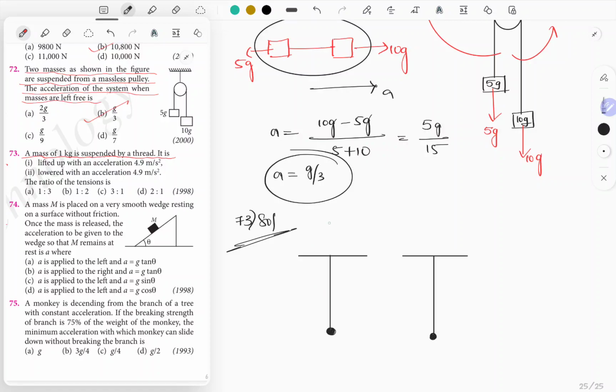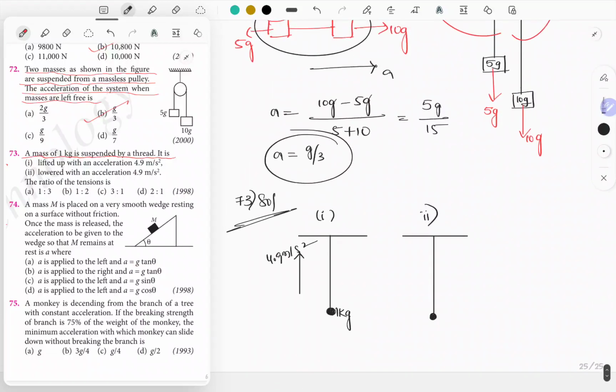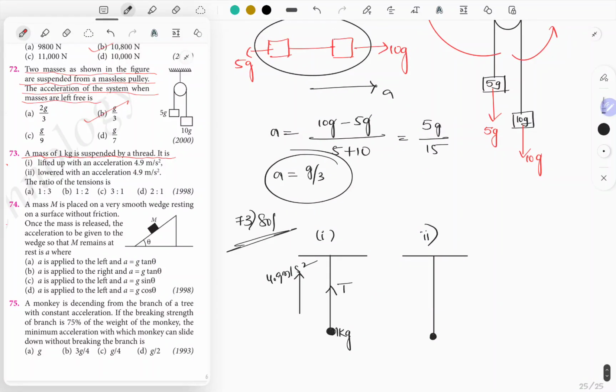Let me show you in the form of two different diagrams, case 1 and case 2. A mass of 1 kg is suspended by a thread. It is lifted up with an acceleration of 4.9 meter per second square. Now if it is lifted up, the tension in the string is upward, and the weight acting on this object is downward, which is 1 into g, 9.8.